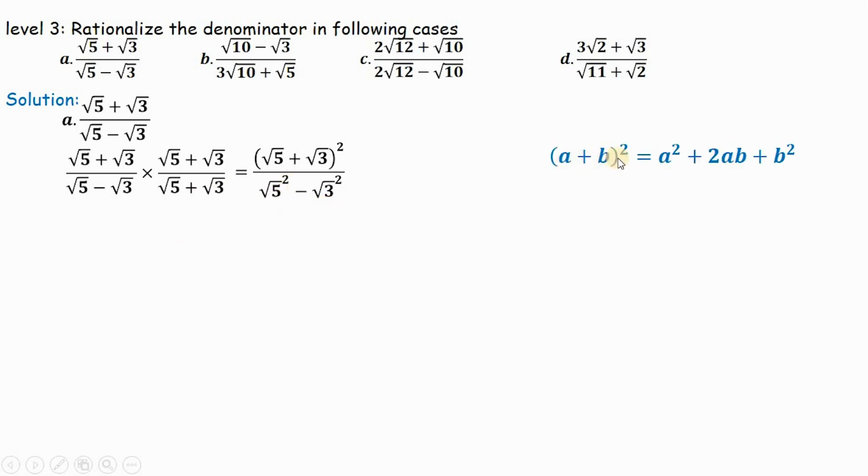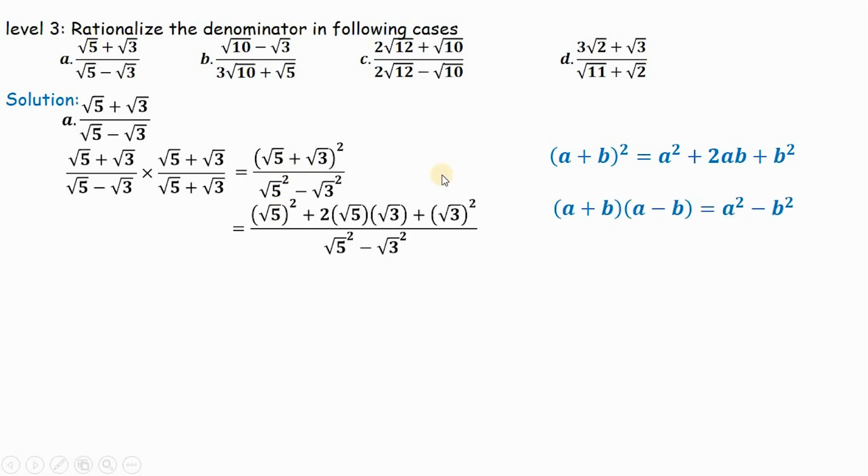Here we have used a plus b whole square equal to a square plus 2ab plus b square. Now we'll use this identity. So root 5 plus root 3 whole square becomes a square, that is root 5 square, plus 2ab. We'll write 2, instead of a we have root 5, instead of b we have root of 3, plus b square. Instead of b we have square root of 3 whole square. And in the denominator we have used the identity a plus b into a minus b equal to a square minus b square.